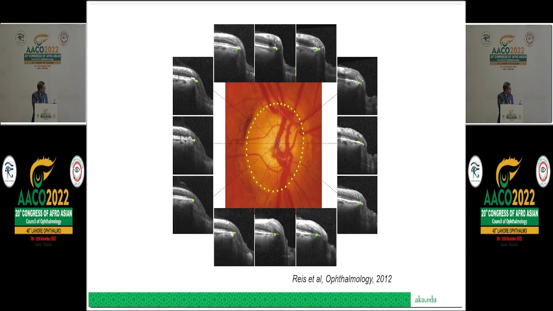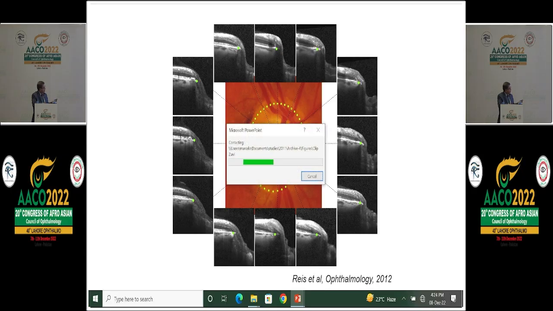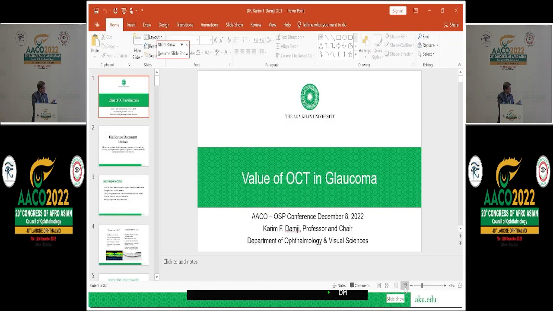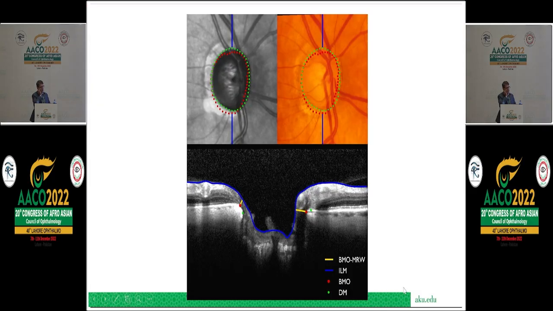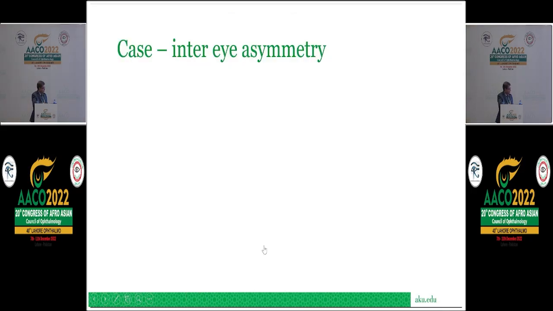And there is an analysis where you can look at the Bruch's membrane on one side and the other side, and then you look at what's called the minimum width of the neuroretinal rim based on the Bruch's membrane opening. And so this, for example, identifies the Bruch's membrane and uses it as a landmark, and then figures out the width of the neuroretinal rim, okay?